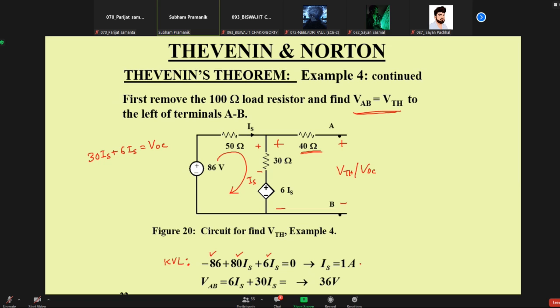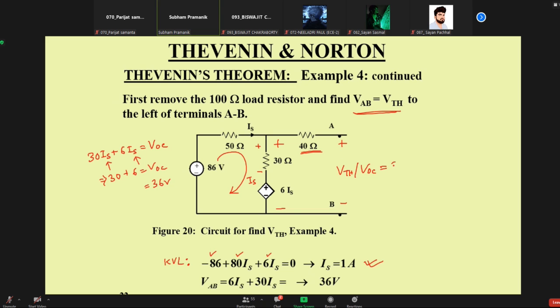If you solve it, then you will get IS equals to 1 ampere. If you put 1 ampere here, then what do you get? 36, right? If IS equals 1 ampere, then 30 plus 6, that is 36 volt.